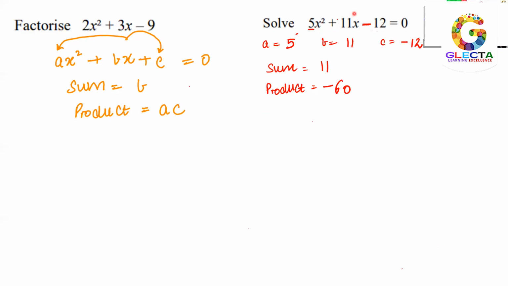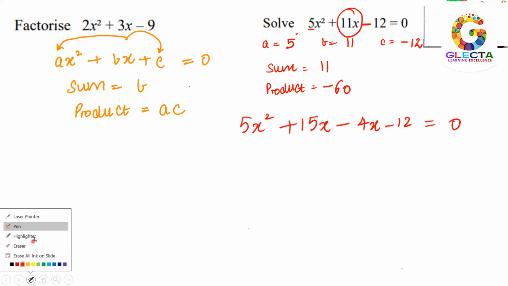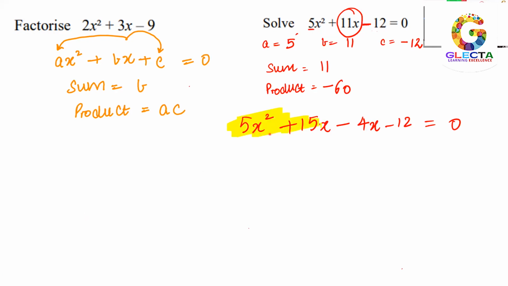Very good. So now, using the middle term splitting method, I can write 11 as 15 minus 4, right? And then you take two terms at a time. Guys, I'm highlighting it for you so that you don't get confused. Yellow terms have to be factorized separately, and then you'll separately factorize these green terms.